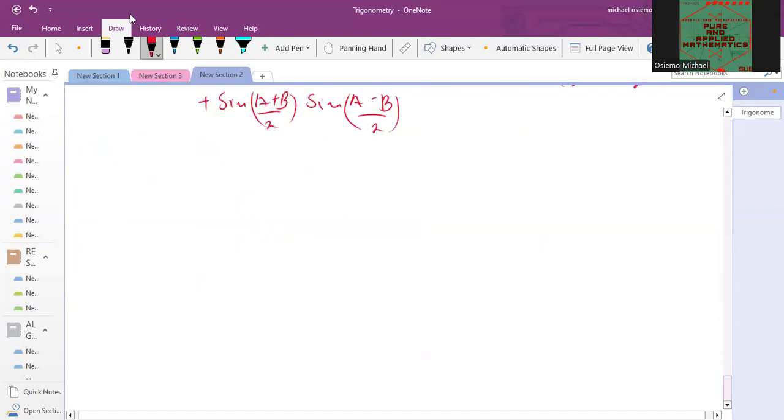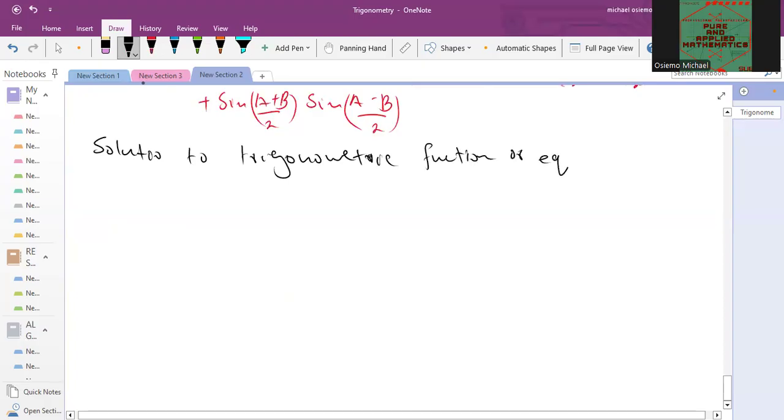From this point here, we need to check the solution to a trigonometric function or equation of the form a sin theta plus b cos theta.